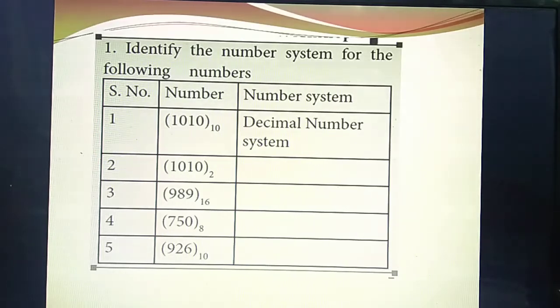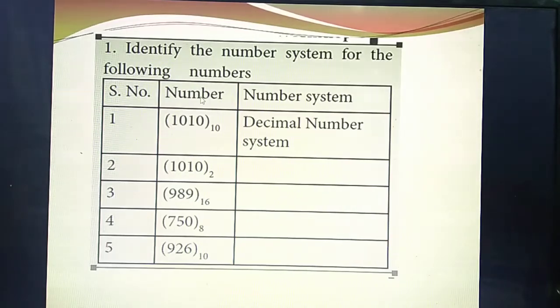Before we start today's portion, I thought I gave one homework, but I forgot to give it. So now I am asking questions: which number system does this belong to? You should say the answer. In your textbook they have given the same tabular column.